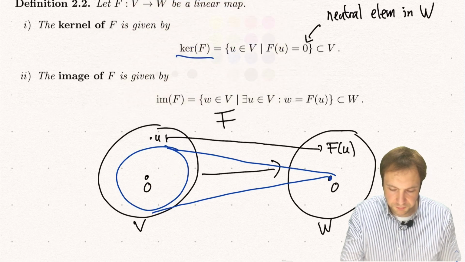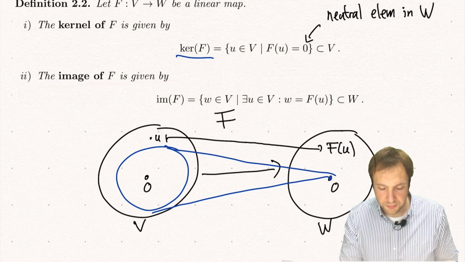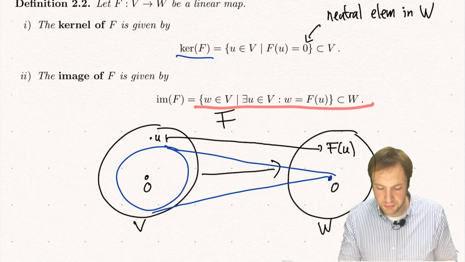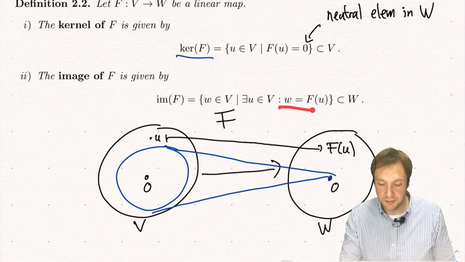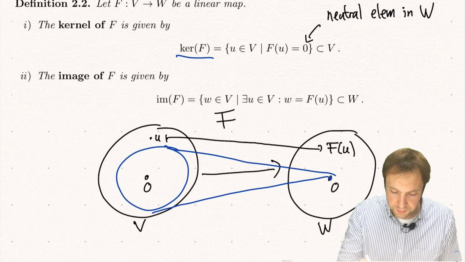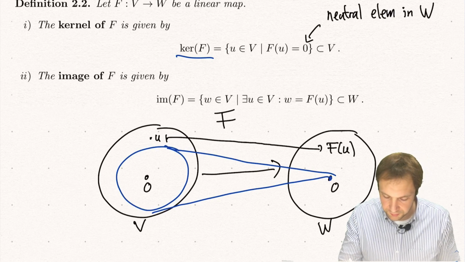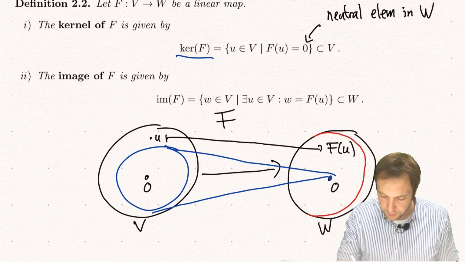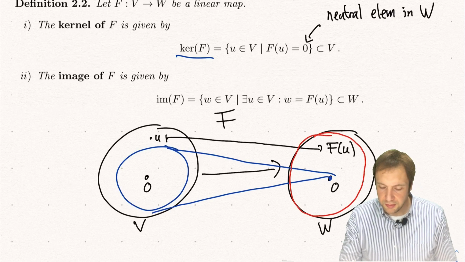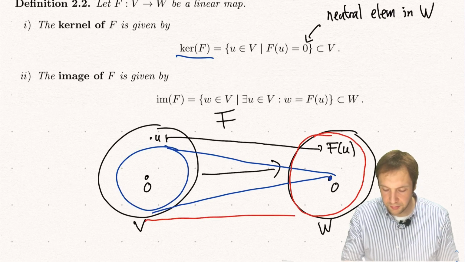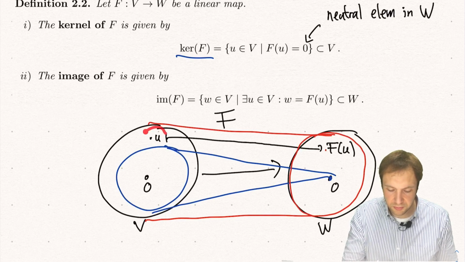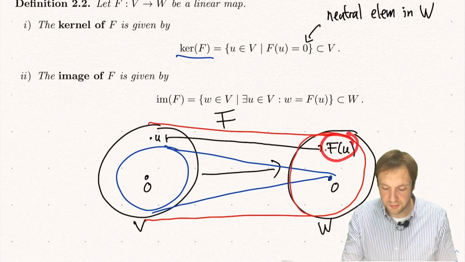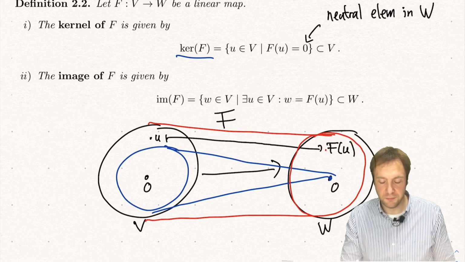And the image of f are all elements in W such that there is some u in V such that w is given by f of u. So the image lives somewhere here on the right hand side, and these are all elements such that I can find some element u on the left hand side such that this element is given by f of u.